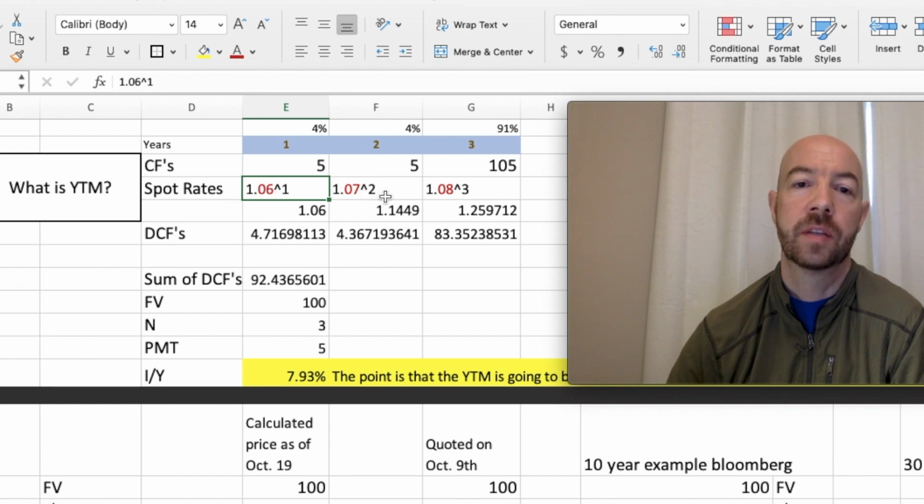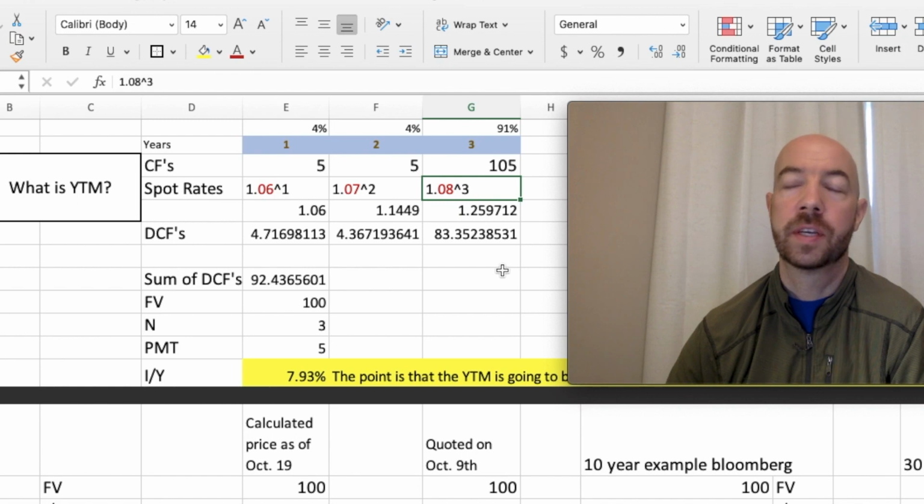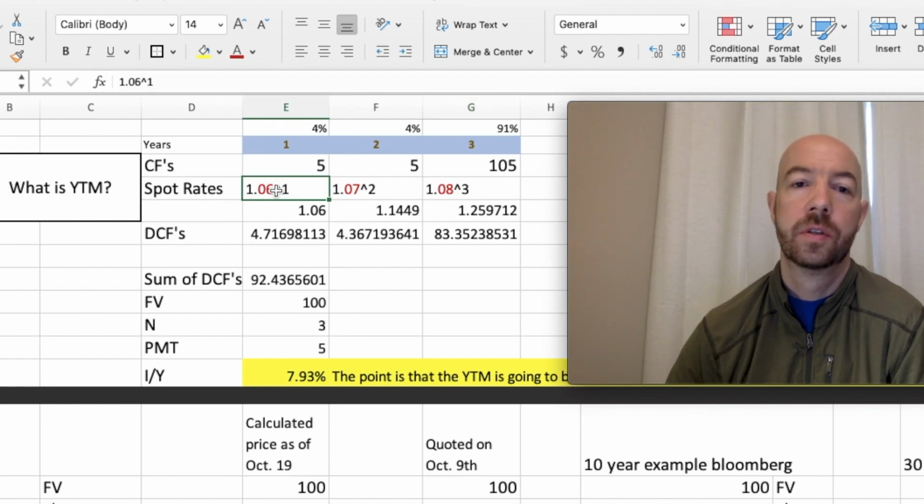So 6% in the first year, 7% in the second year, and 8% in the third year. And then I raise them to their appropriate exponent. So raised to the first for the first year, but here 7%, so it's compounded twice in the second year, raised to the third power in the third year.